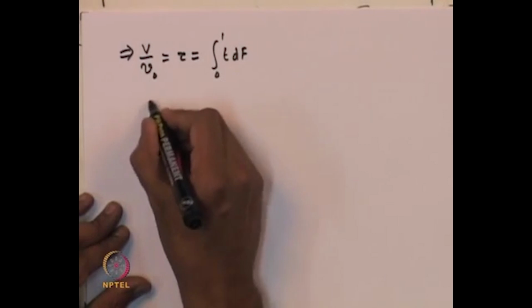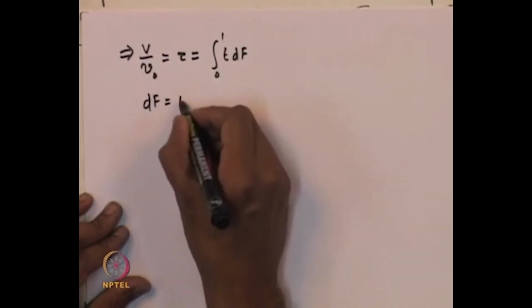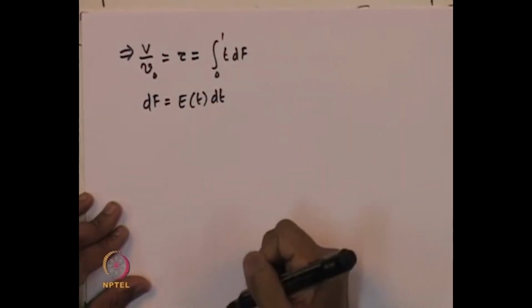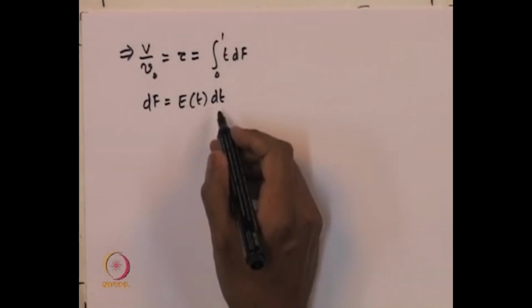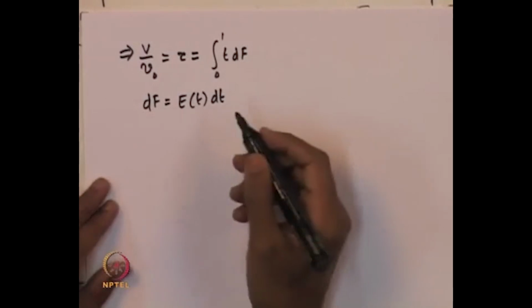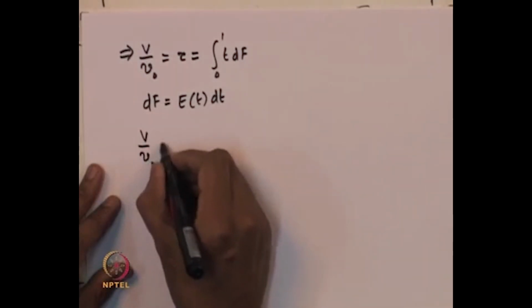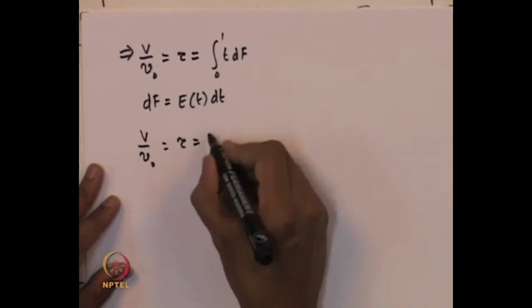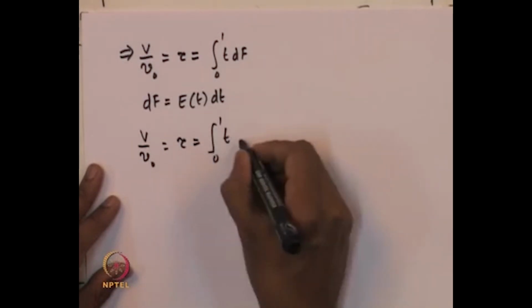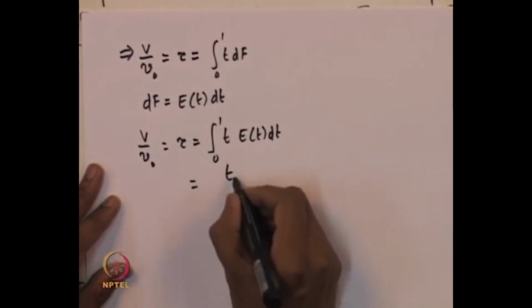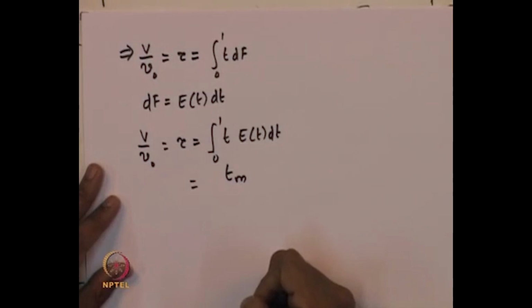df is nothing but the residence time distribution itself, E t into dt, the first differential of the f curve, and therefore V by V naught, that is equal to tau, and that is equal to integral 0 to 1 t times E of t dt, and that is nothing but the mean residence time itself.